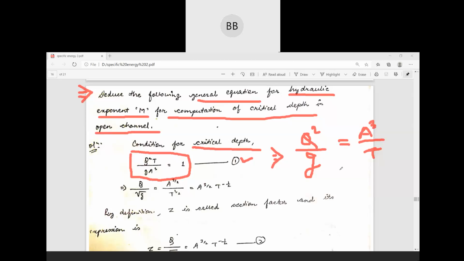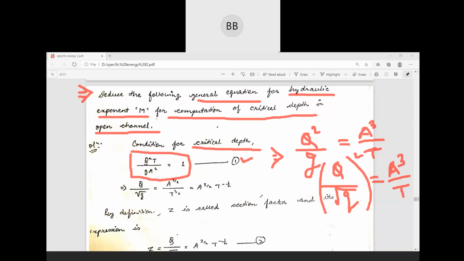Okay. So this term we can write Q by root over g, Q by root over g whole square, is equal to A cube divided by T. Okay, so you can write this.